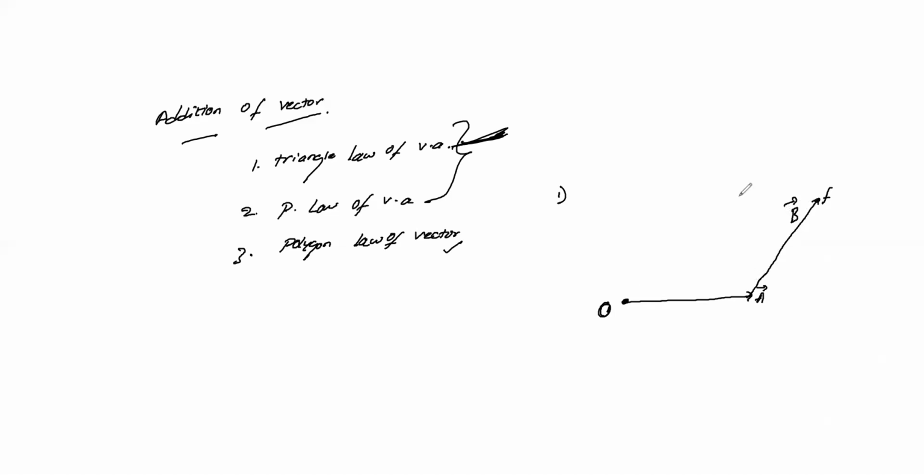For that, we have to find the shortest distance, which is nothing but your resultant. This is your displacement, and the total path is your distance.